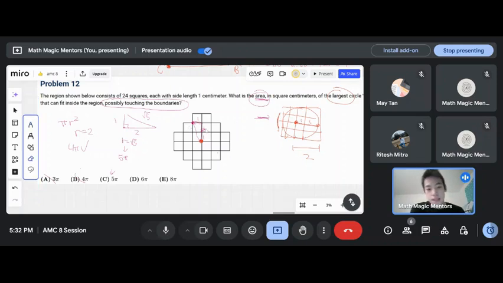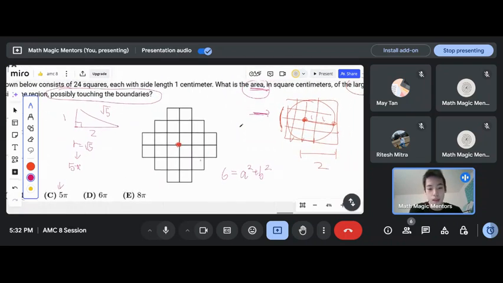It is a little bit tedious for problem 12 in my opinion, but this is what we gotta do. Okay, let's see. 6, how can we get 6? We can get 6 by getting this, right? Or no, my bad. I'm thinking of two integers such that the sum of the squares is 6, so that we can apply the Pythagorean theorem.